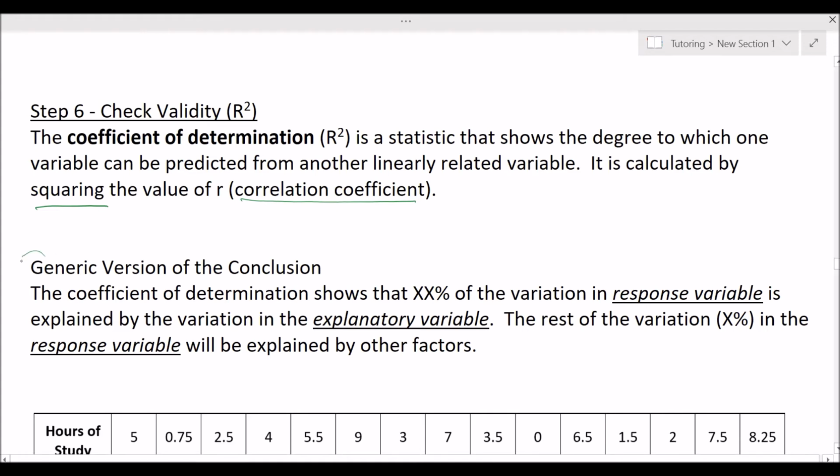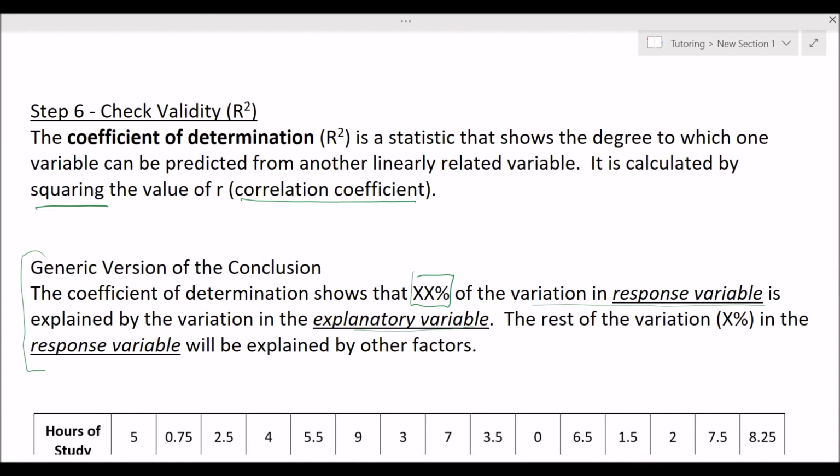What I've written for you here is a generic fill-in-the-blank version of that conclusion, because the coefficient of determination can be multiplied by 100 to get a percentage, and that percentage shows the amount of variation in the response variable that is explained by the variation in the explanatory variable, with the rest being explained by other factors.